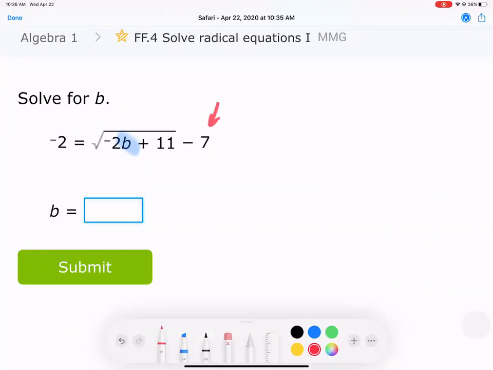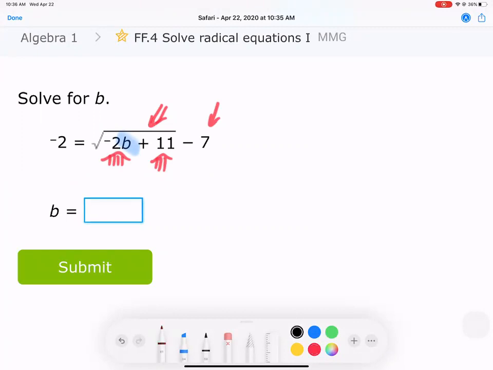Then in order to get at the b, I can't touch the 2 or 11. I need to get rid of the square root. So then we'll get rid of the square root next. After that, we have a -2 and 11. 11's farthest away, so we'll get rid of the 11. And then we'll get rid of the 2 at the end. Okay, so we have a game plan here. Let's go ahead and get started.